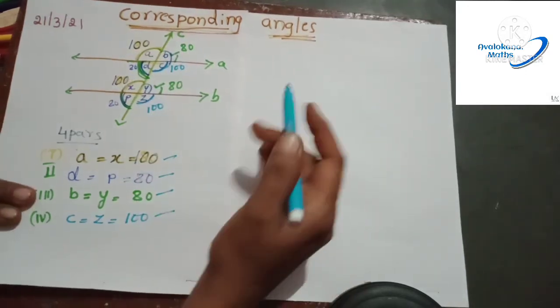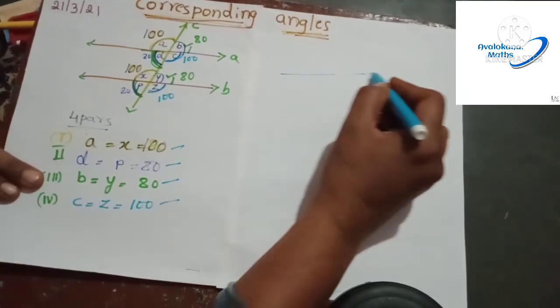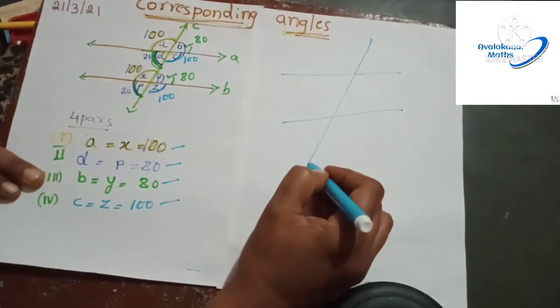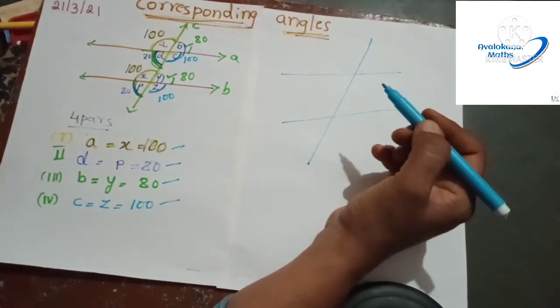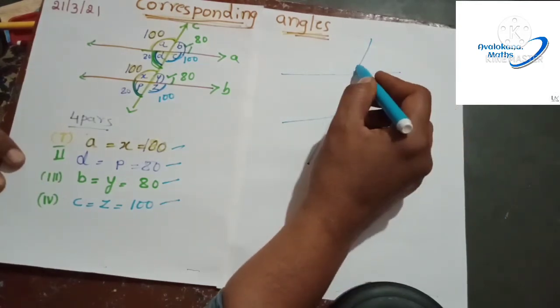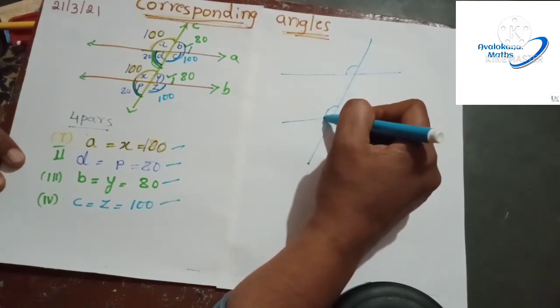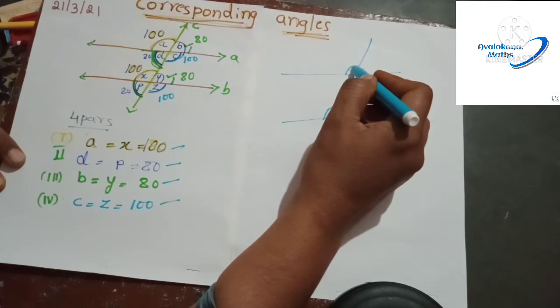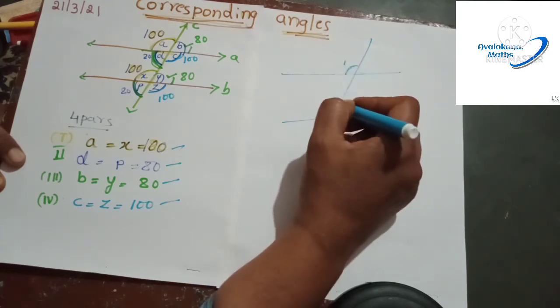So what you are seeing here is two parallel lines with a transversal. How do we identify the corresponding angles? Just above the line and above the line. This is one pair. If I call this angle 1, then this is angle 2.